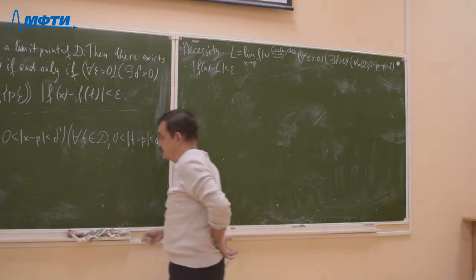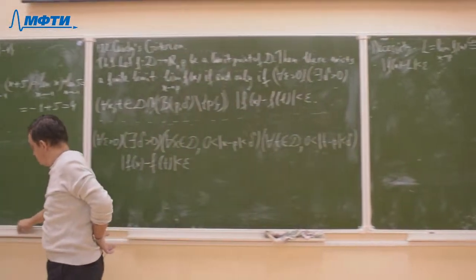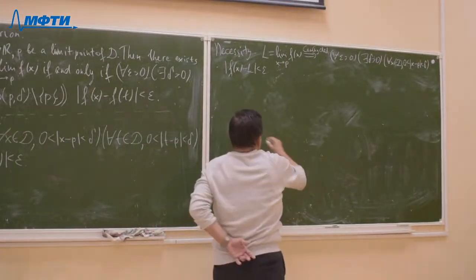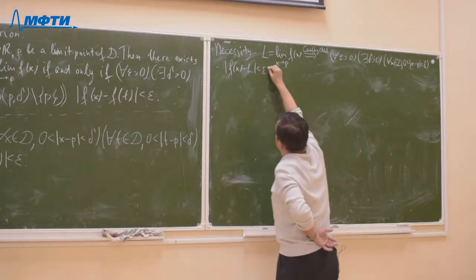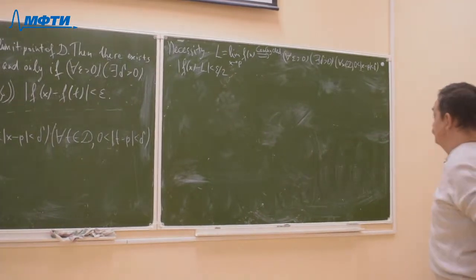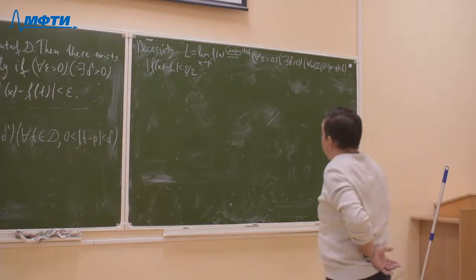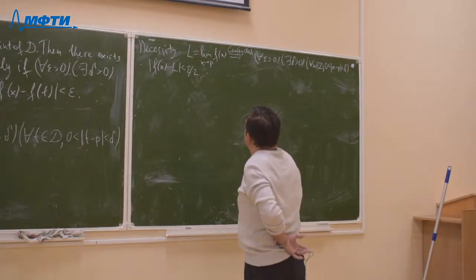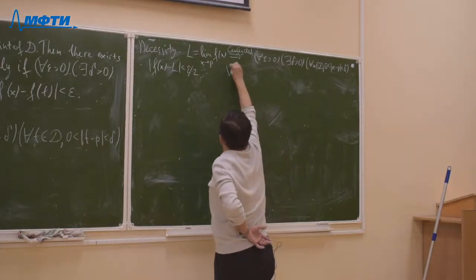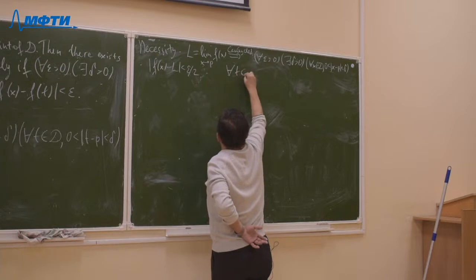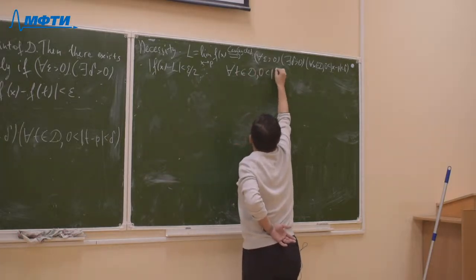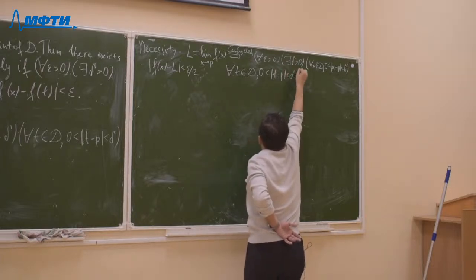Now, look. In fact, instead of epsilon, I can choose here epsilon over 2, because this is also a positive number, an arbitrary positive number. So it means that the same thing I can say for every t in D, 0 less than absolute value of t minus p less than delta.